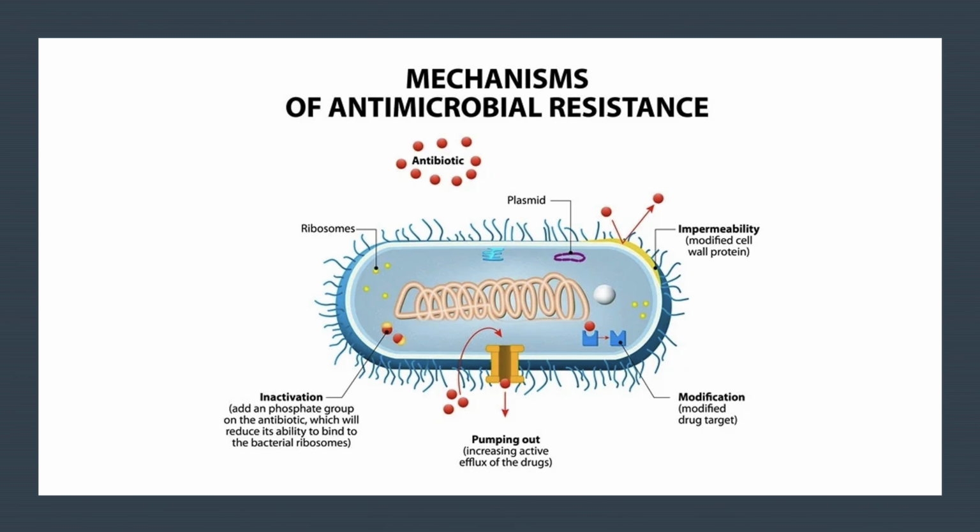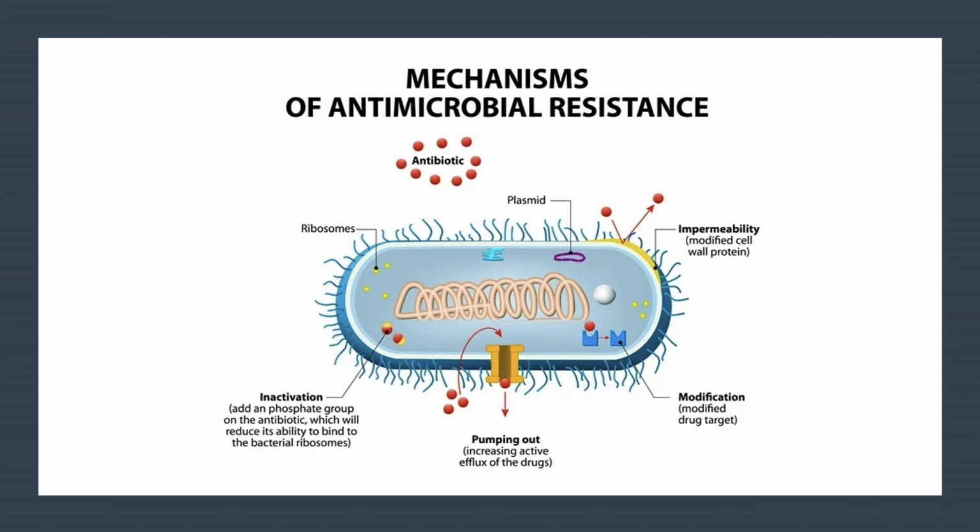Digging a little bit deeper, there are a few ways that bacteria can defend against the antibiotic. They can modify their cell walls and just become impermeable to antibiotics. They go after bacterial cell walls. They can inactivate the antibiotic. They can produce substances that just inactivate, let's say, penicillin.